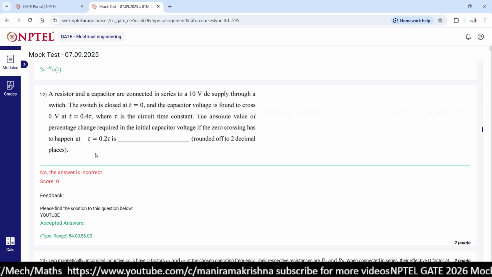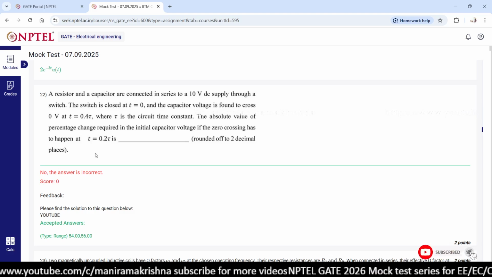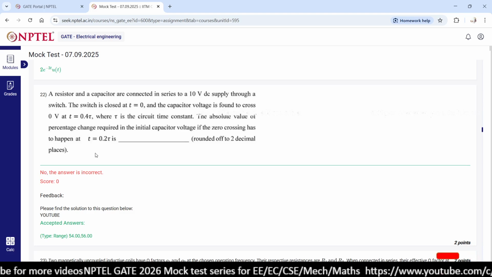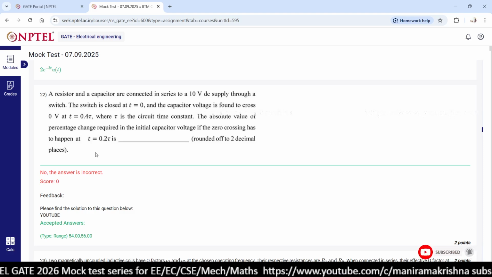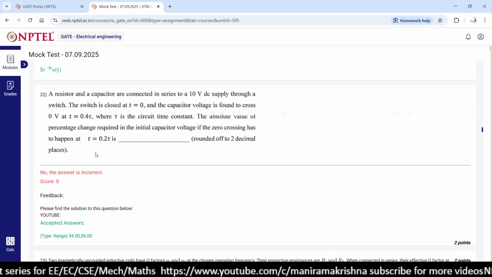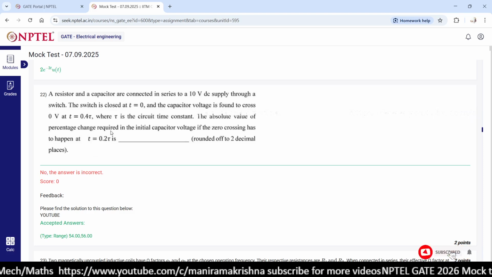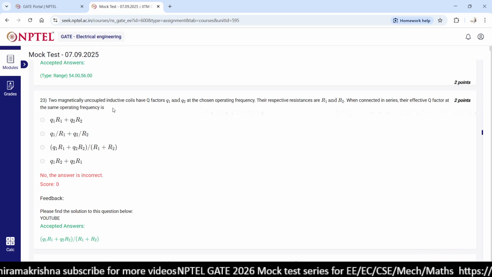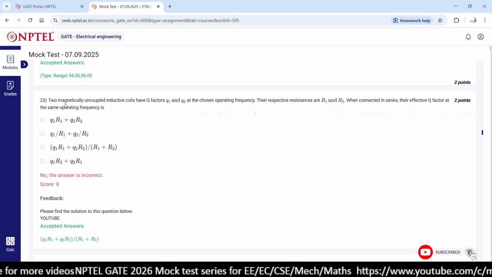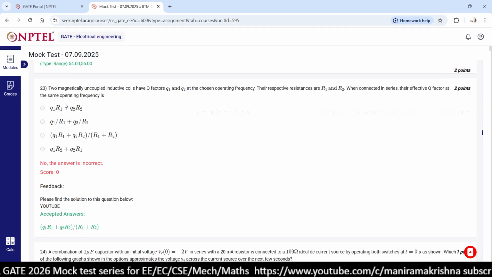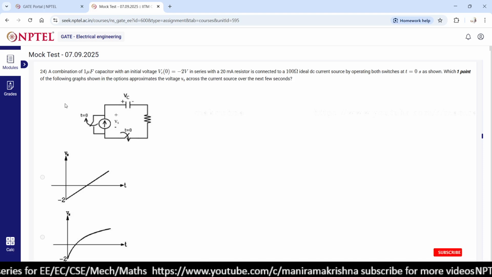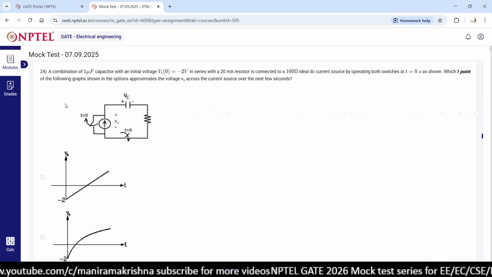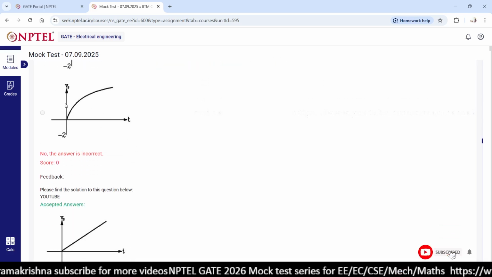22nd question. So an RLC circuit question we have, on networks. 23rd question. 24th question we have: go through the full question and see the options, the graphical options.